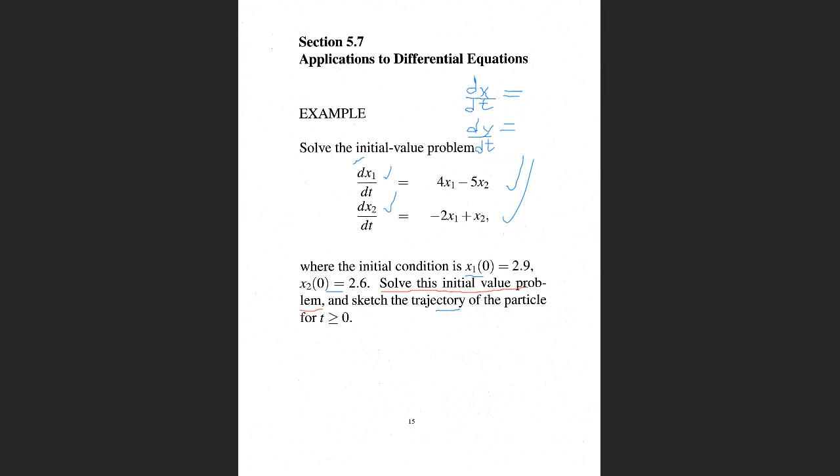And in chapter 5, what do we always find? That's right, eigenvalues, Justin, and that's right, Eleanor, and of course eigenvectors. So in order to find that, we need to identify what is the matrix A.